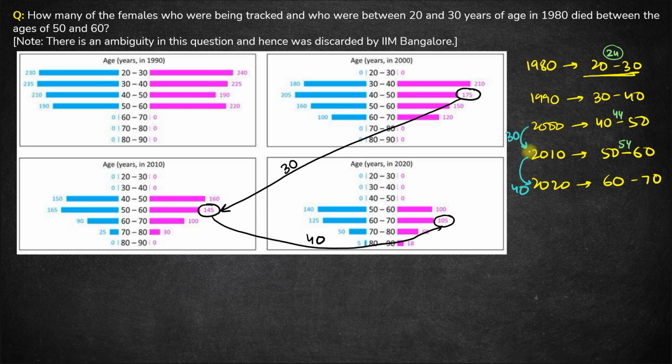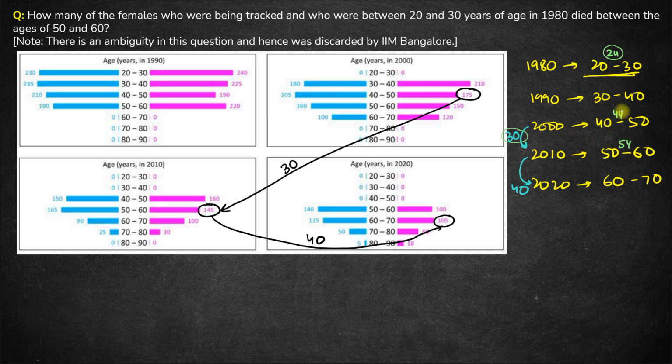Now out of these 30 women who are dying, if let's say this woman is one of those women, then in this next 10 years, at what point of time does she die? We don't know that. We know 30 women died, but did they die in 2001 or 2002 or 2009? Do we know that? We don't know.